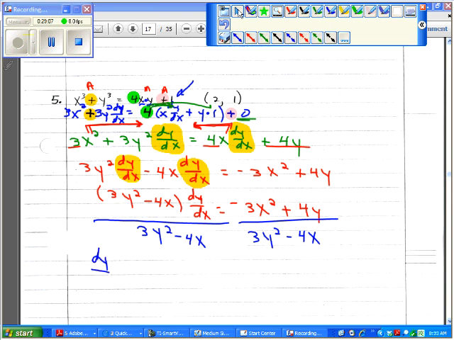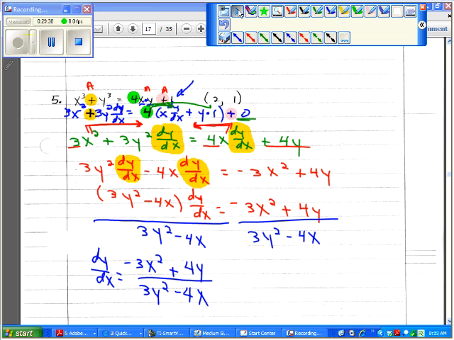And we're going to have dy dx is negative 3x squared plus, there it is again, 4y over 3y squared minus 4x. So there is the derivative of y with respect to x.